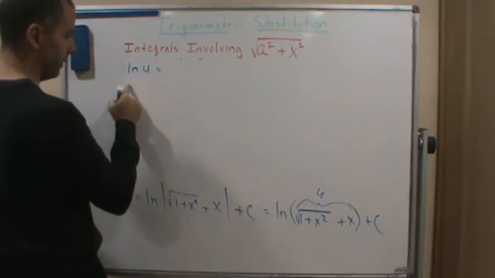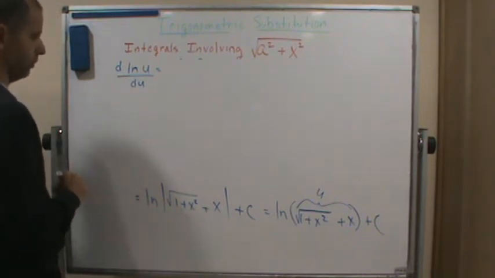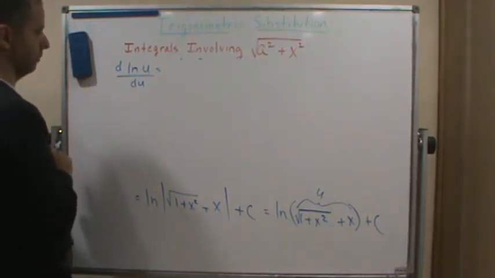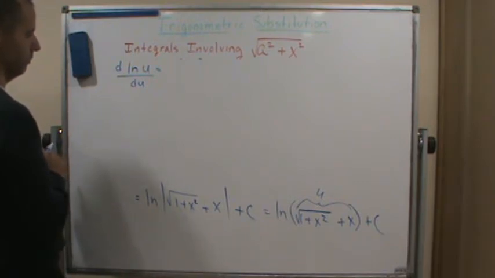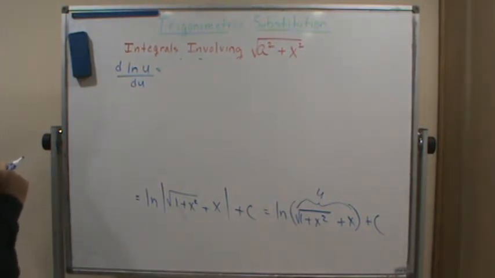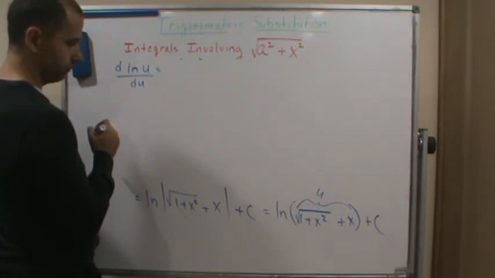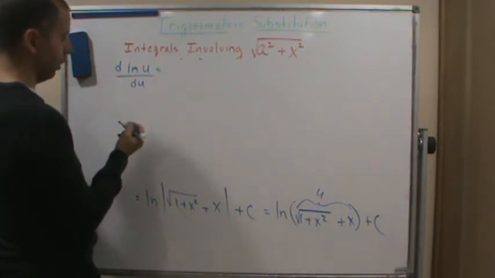Well, the derivative of the natural log of u, in this case, we get du over u, or 1 over u.